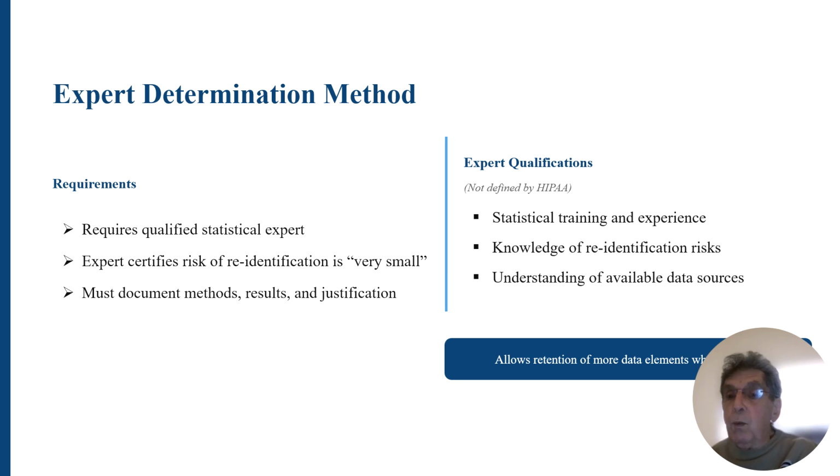HIPAA does not define what qualifications make someone an expert. However, OCR guidance suggests relevant expertise includes statistical training, practical experience, knowledge of re-identification risks and methods, understanding of what data might be available to potential attackers, experience with de-identification techniques like k-anonymity, l-diversity, or differential privacy.